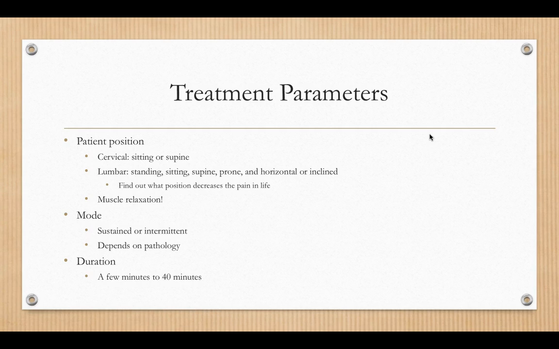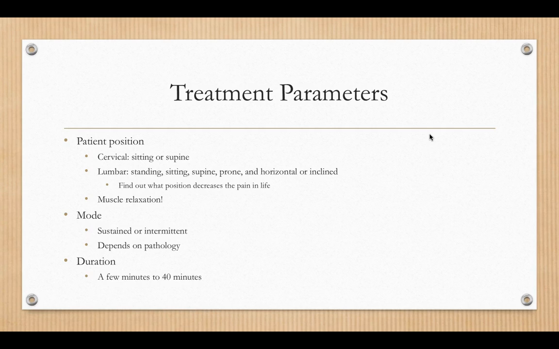As far as the mode, we can do the sustained or the intermittent. Usually disc protrusions, again, potentially like more of that intermittent according to research. Other research shows that they maybe like more sustained. Facet joint pathologies seem to like more of our sustained. Degenerative disc disease or joint hypermobility, again, we'd ideally not use it for hypermobility.